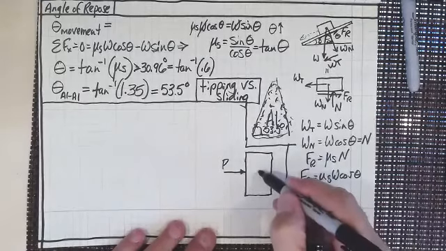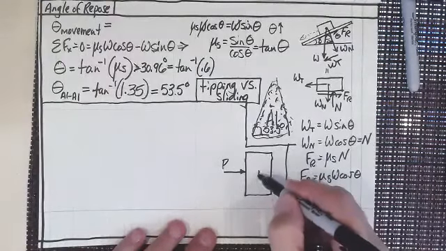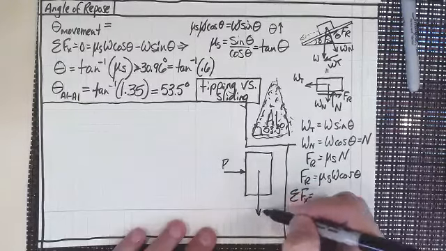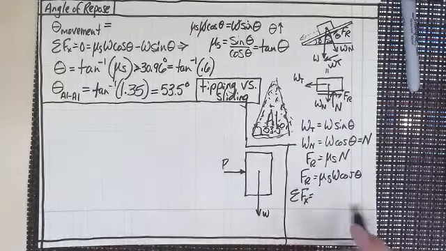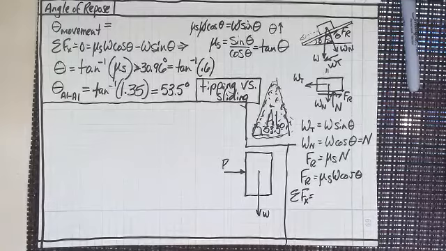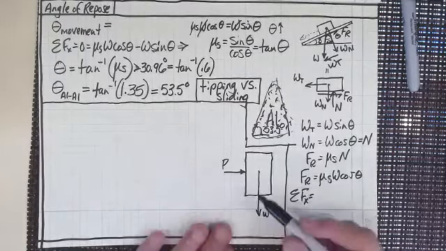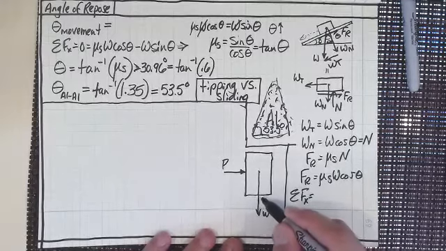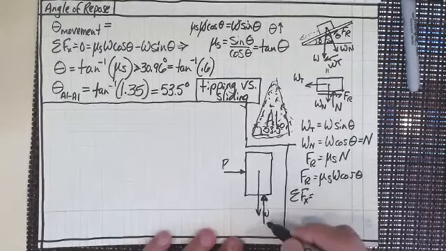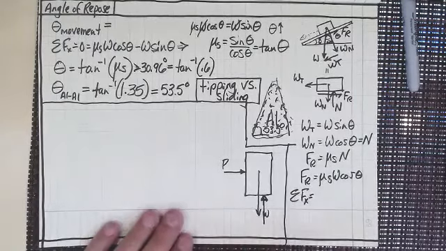So it's going to have a weight force working downward. I think everybody can see that. And so that implies that there is a normal force working against that weight force that's going down.